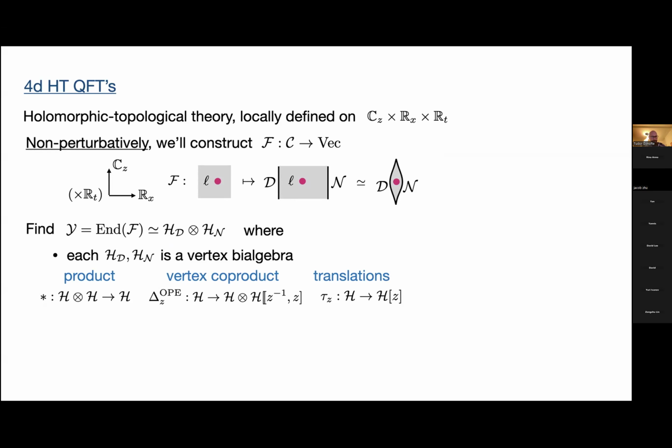They, first of all, are each vertex bialgebras. And by that I mean that there's a product, and that comes from a collision along time, and there's a vertex coproduct. And the vertex coproduct is the thing that's going to represent the OPE of lines.